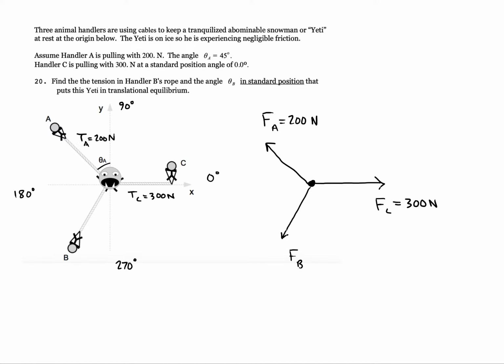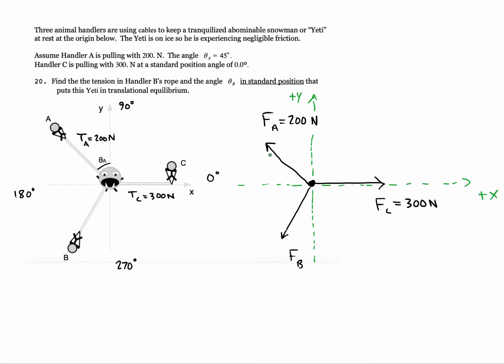Now what we want to do with forces that are at weird angles to each other like this is resolve them into the vertical and horizontal components. So our axis is aligned such that the positive y is up and to the right is positive x.